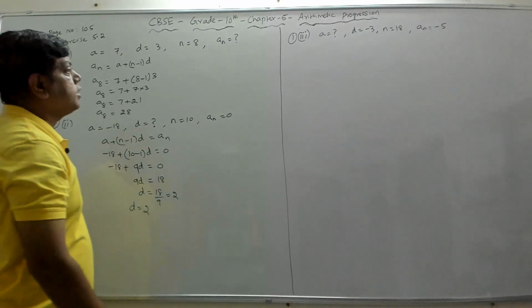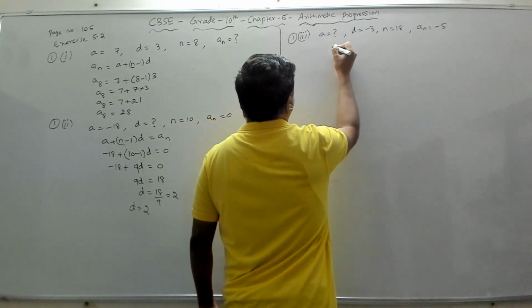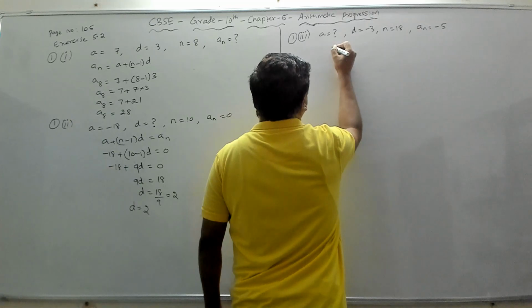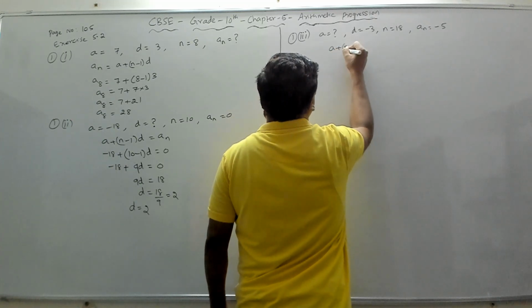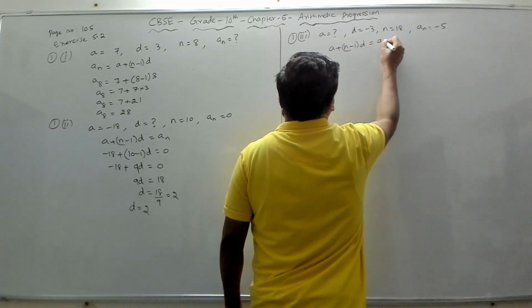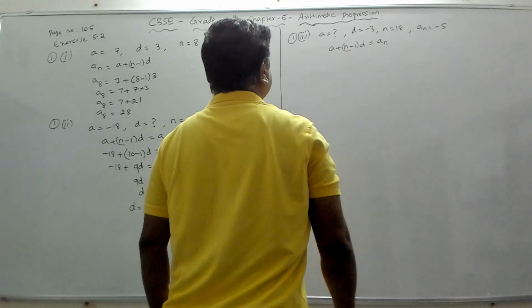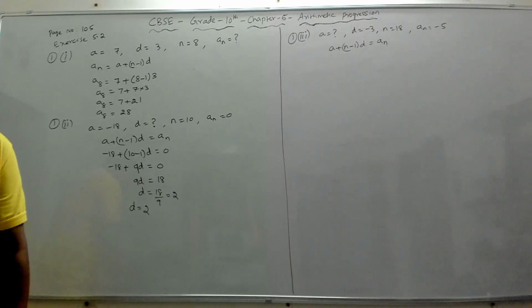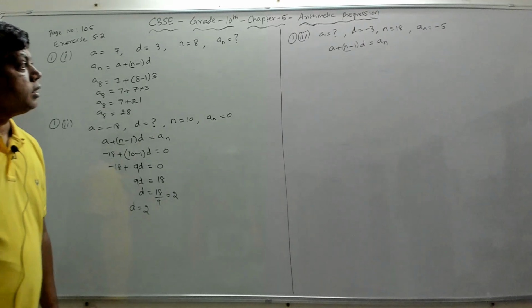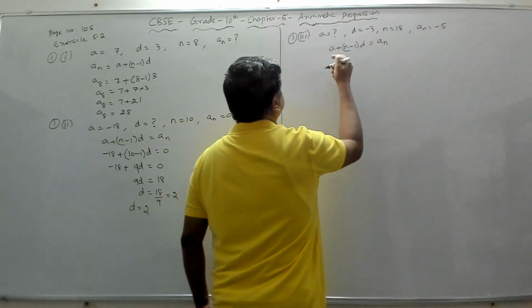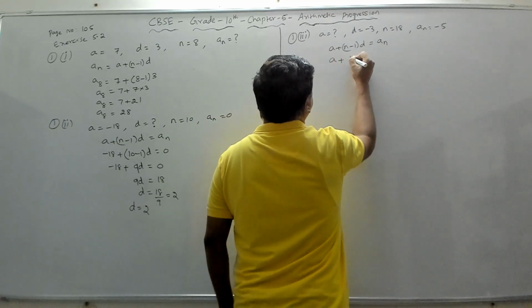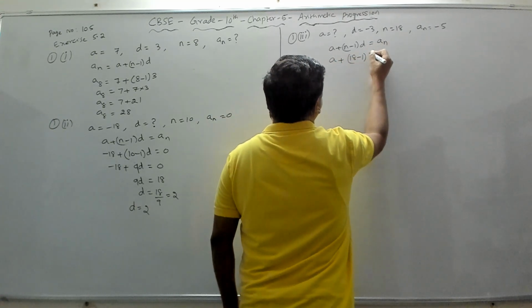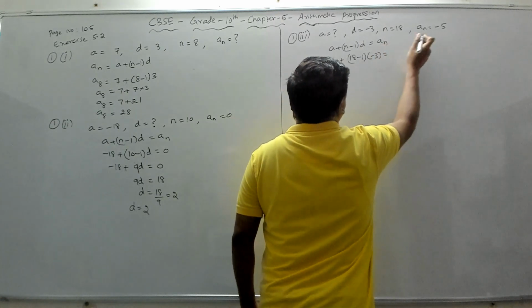So let's substitute. What is our formula? Our nth term, A plus N minus 1 into D, is equal to AN. And we have to find A. Let's substitute here. A plus N is 18 minus 1 into D, D is minus 3, equal to AN, AN is minus 5.